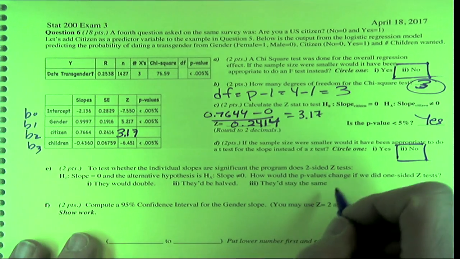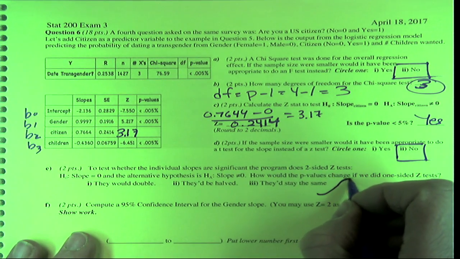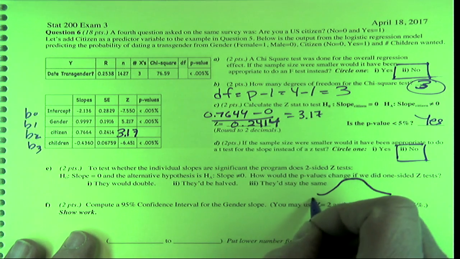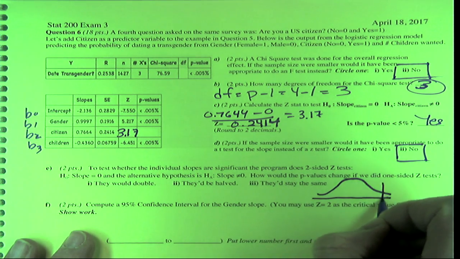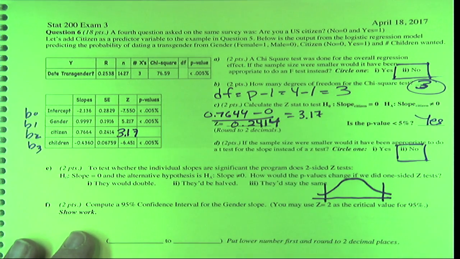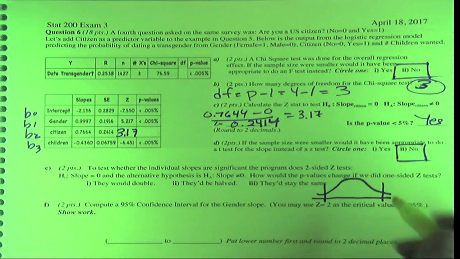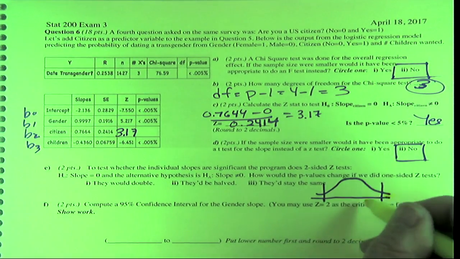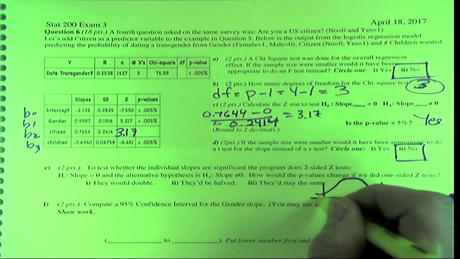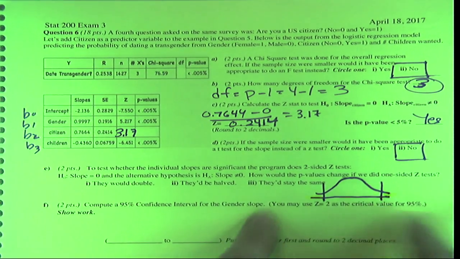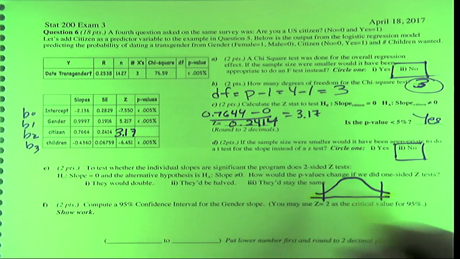You should know this, it's very easy. 2-sided means you don't know which side it's falling on, so whatever p-value you get, it's counting as if it fell as extreme in the other direction. That's your 2-sided. So that's what these p-values are.